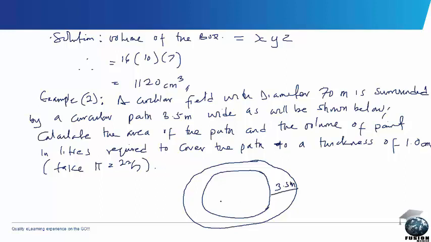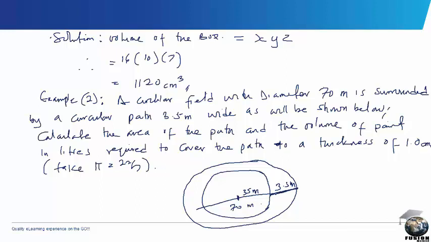The diameter of this circle is 70, which means that the radius at this part is 35 meters, because 35 gives you a total of 70 meters on the diameter. Alright, and so the question now is calculate the area of the part.